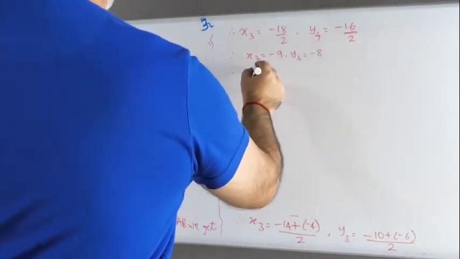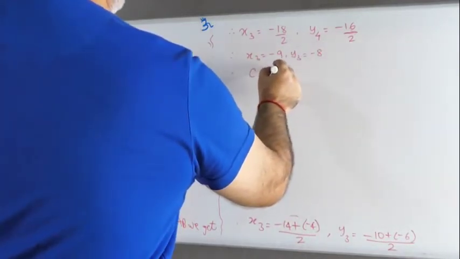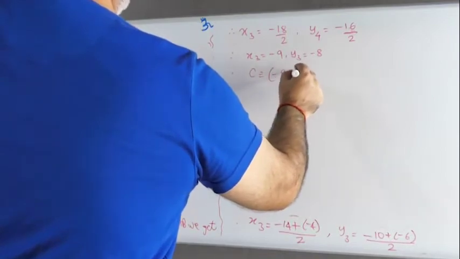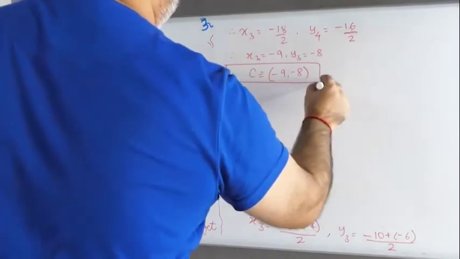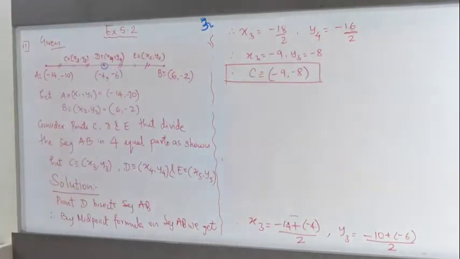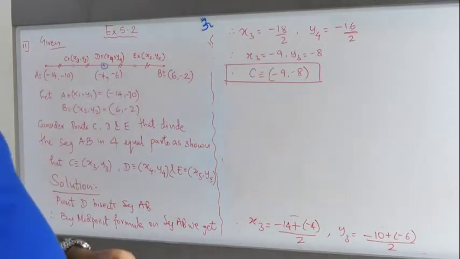And so you have got the coordinates of point C, which is minus 9 comma minus 8. This is your second finding. So you earlier got D as minus 4 comma minus 6. Now you got C as minus 9 comma minus 8.